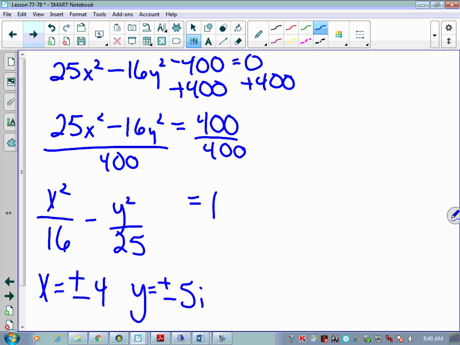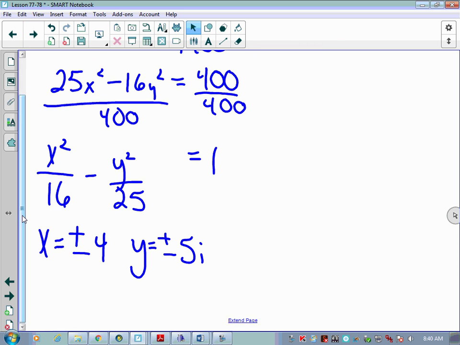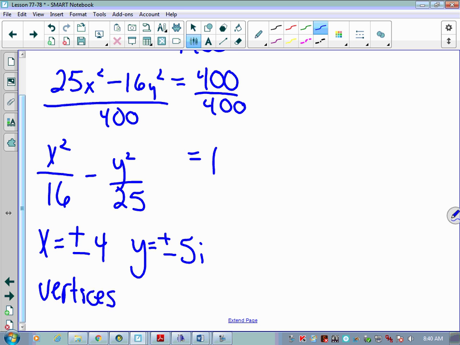Okay. All right, so let's kind of do some scrolling here. Let's see. So what we are going to use for the vertices of our hyperbola are going to include, in this case, the x, well, let's see, right here. Because sometimes the y will be a standard number, like what we got with x here.